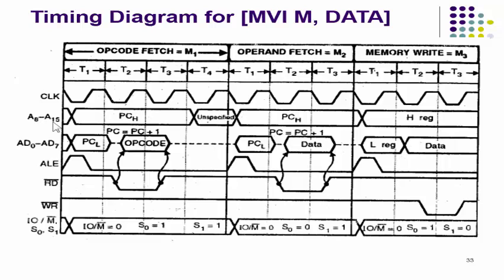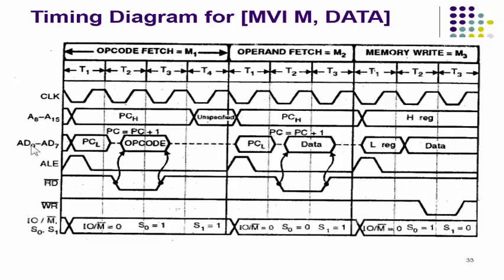In this particular memory write machine cycle, the contents available in the L register get placed on AD0 to AD7, and the contents available in the H register get placed on A8 to A15. Why? Because HL holds the memory address.